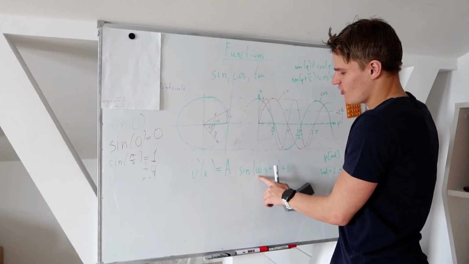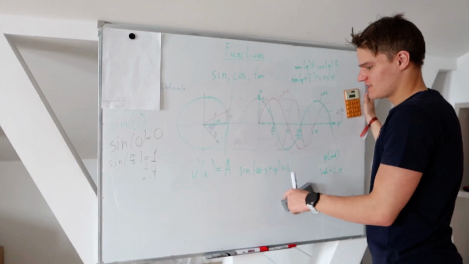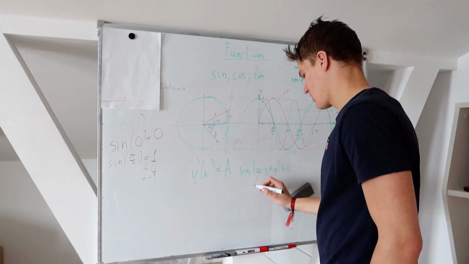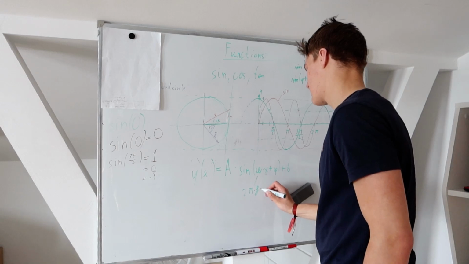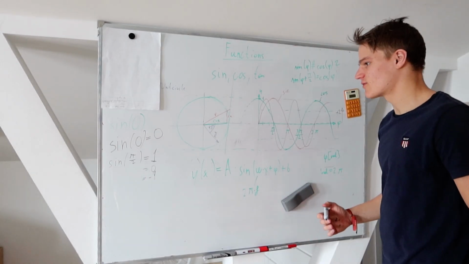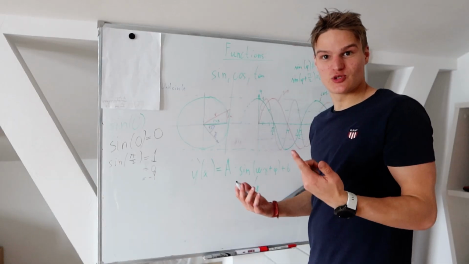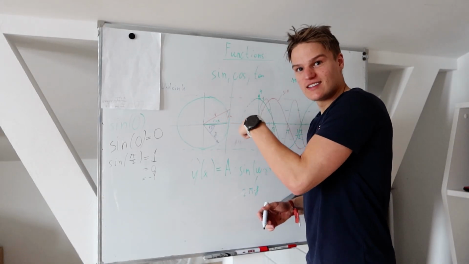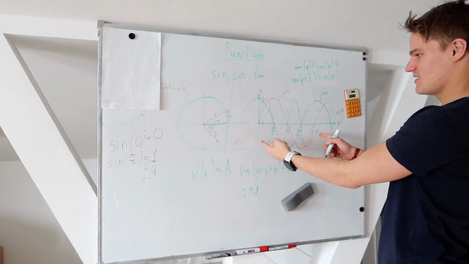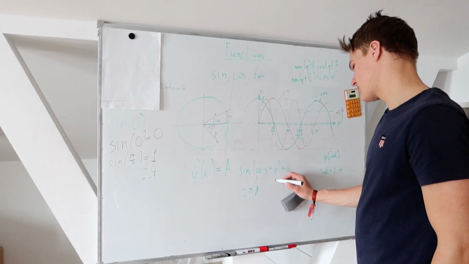And then we have omega, which is a Greek letter, which consists of 2 pi times f. Frequency means revolutions per second. 1 revolution per second times 2 pi, we get this exact thing. Great. And then we have plus phi.